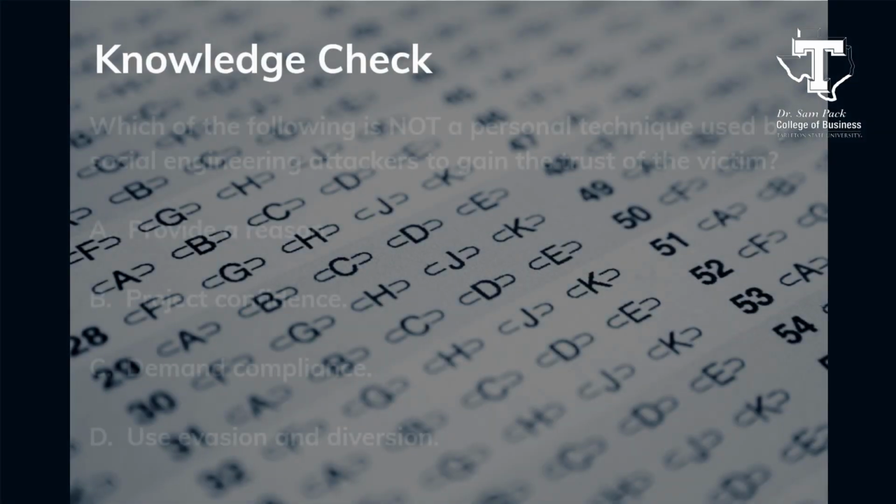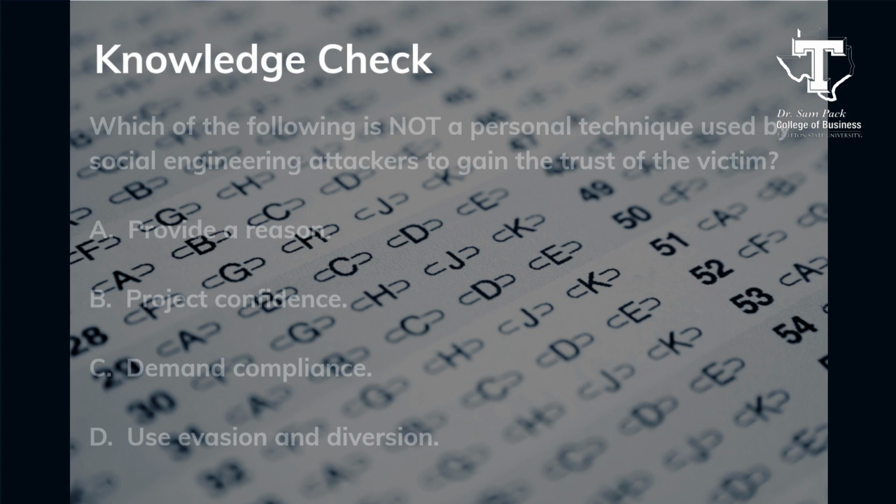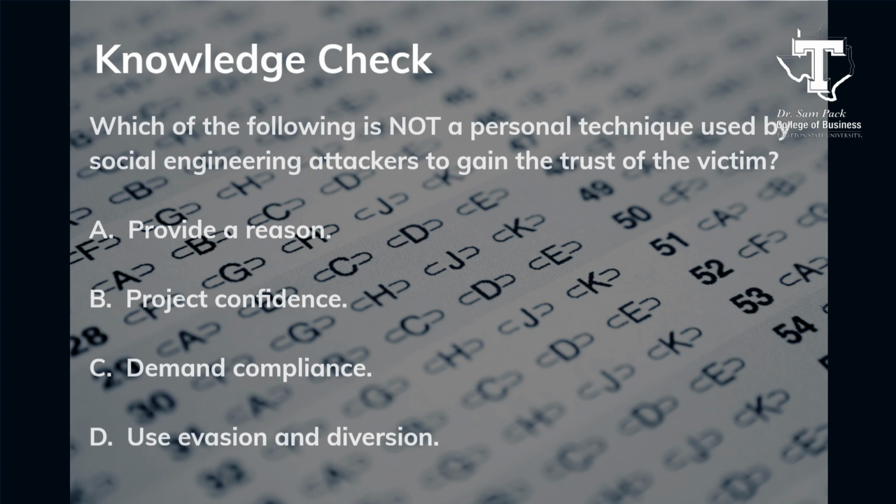Demand compliance. Social engineering attacks typically rely on the attacker's ability to gain the victim's trust through subtle manipulation and psychological techniques. These methods often involve A. Provide a reason, giving a plausible explanation for why a request or action is necessary, making it appear legitimate and reasonable.